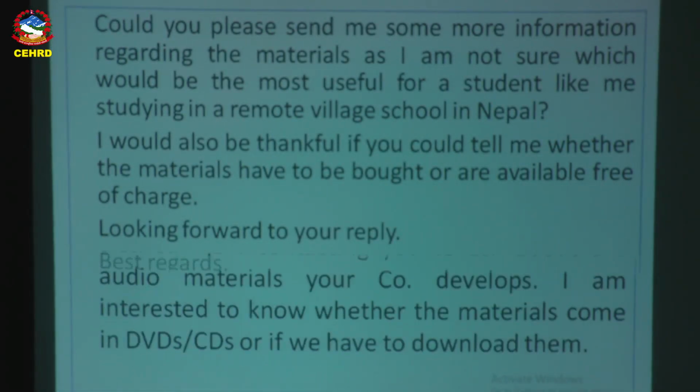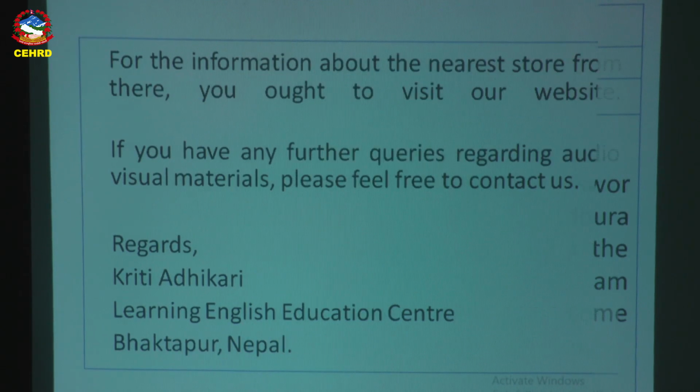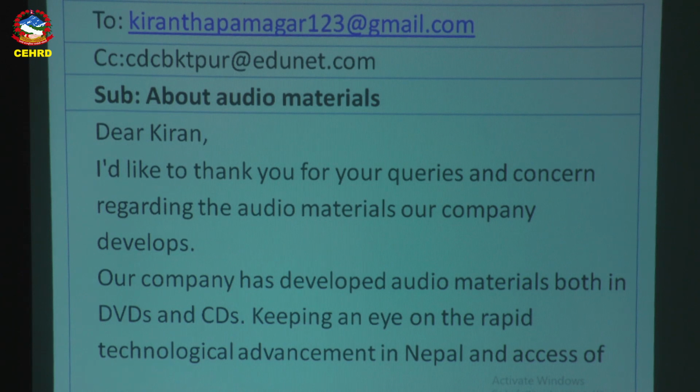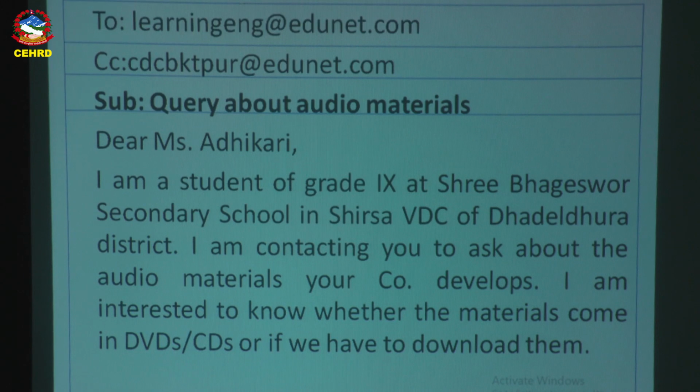I would like to describe it in detail later. Here it says "To" is written, then CC is written, then the subject is there. This is the layout only, the frame. I just wanted to show you the format. The format looks somehow different.